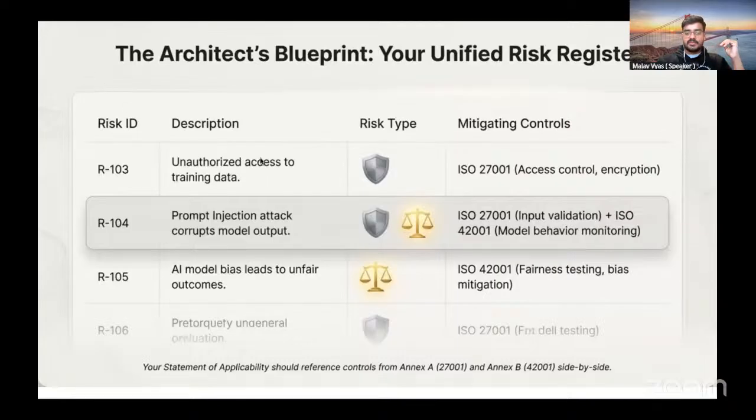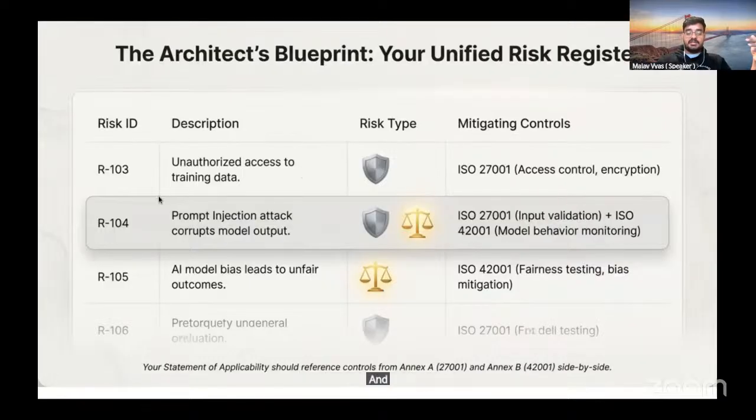Yeah. So going back to our ISO standards, this can serve as a blueprint. This can serve as your unified risk register, right? What kind of risk maps to what kind of compliance? Let's say if a risk is unauthorized access to training data, then that's going to be ISO 27001.